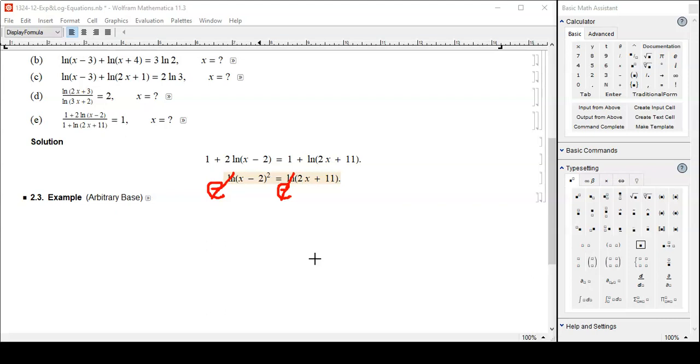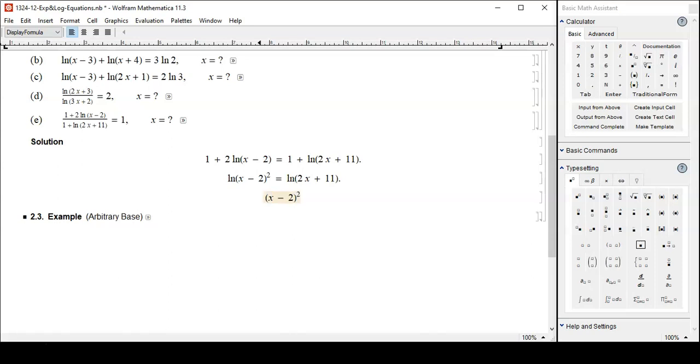And you get x minus 2 squared is equal to 2x plus 11. Do you see that? And this goes x squared minus 4x plus 4 if you FOIL it out. Please check the computation.